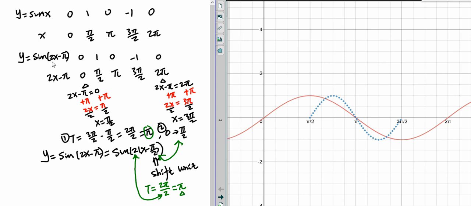So these two still play the role of what? It is the previous formula, 2 pi divided by 2, which is pi.